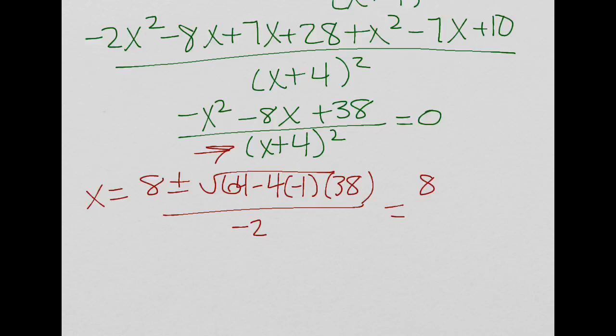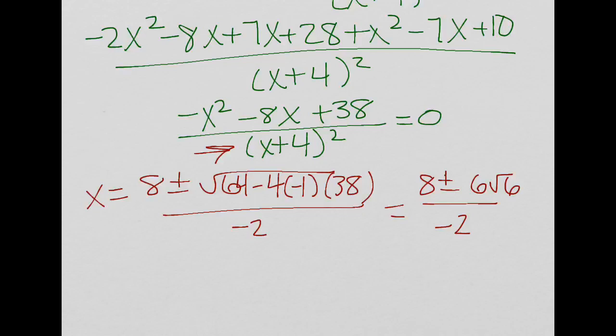So we get 8 plus or minus the square root of 216, which we can break down into, what is it, 6 square root of 6, I believe. Yes, 6 square root of 6.